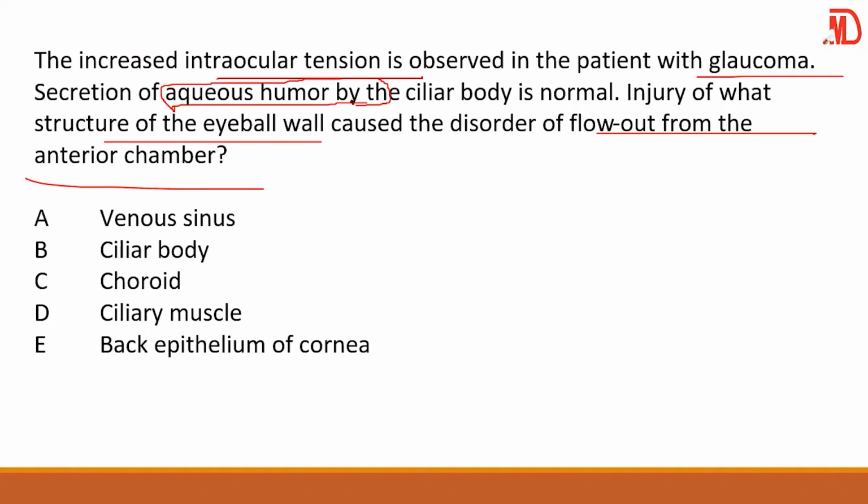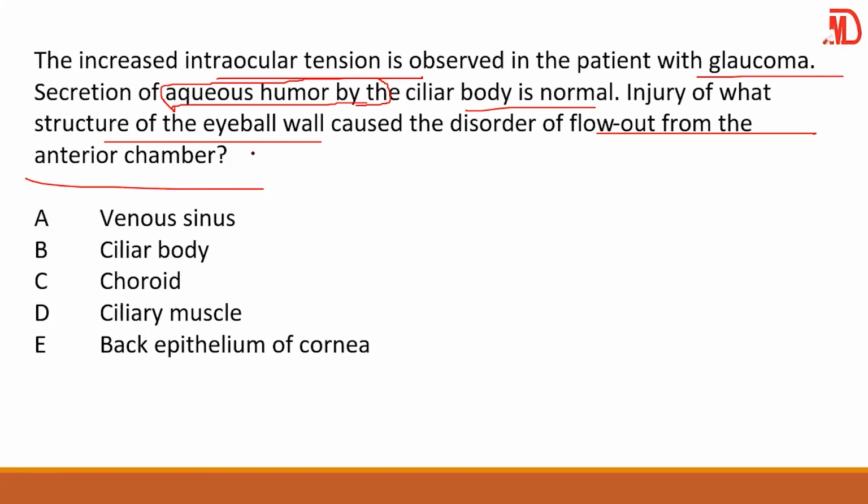This aqueous humor helps in a whole lot of things inside the eye, lubrication and stuff like that. But now they are saying that the secretion there is normal. So what could lead to pressure? That means something is blocking the flow out, because it's supposed to flow out so that the pressure in there will be normalized.